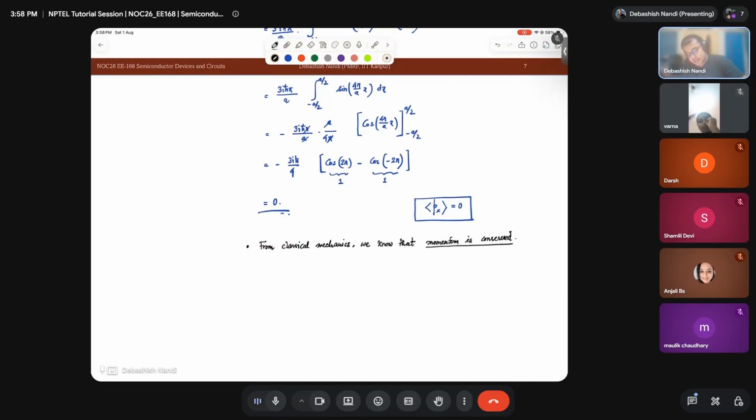But here I am seeing that my momentum is 0 from quantum mechanics. What does this mean? How come the average value of momentum be 0?